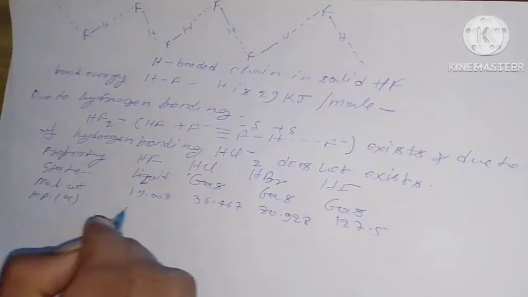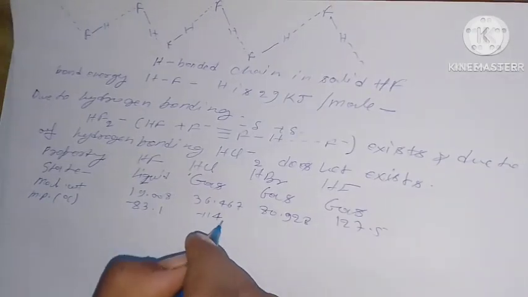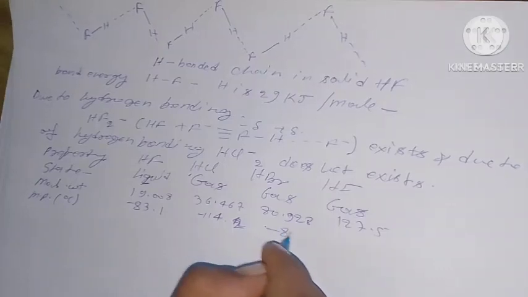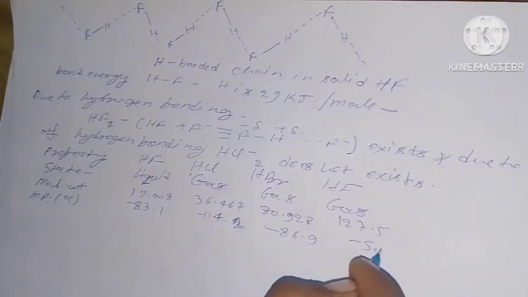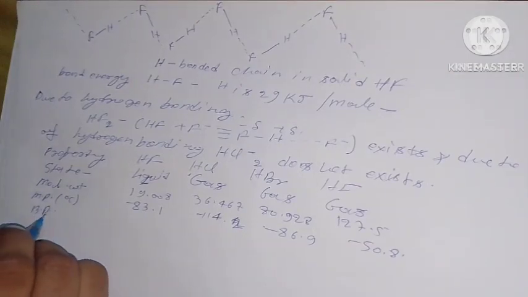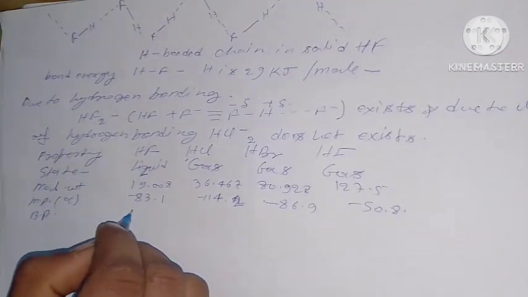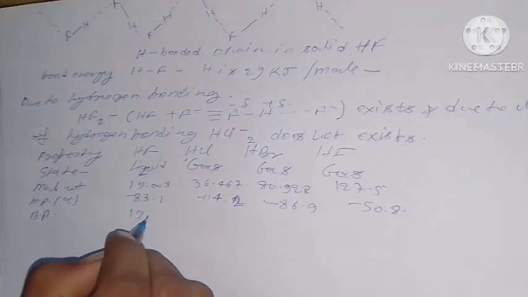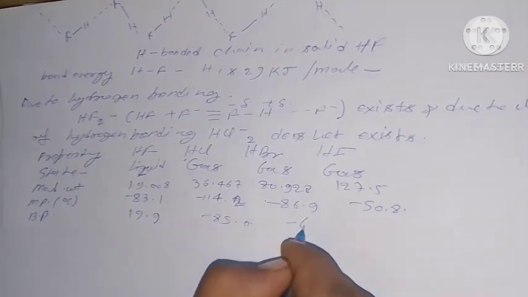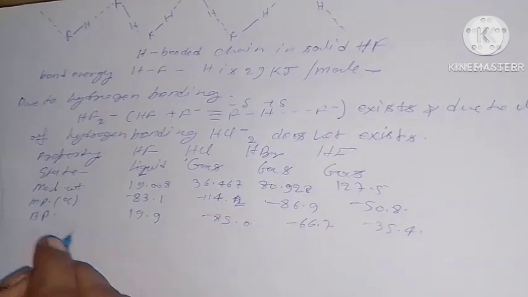Melting point in degrees Celsius: minus 83.1, minus 114.22, minus 86.9, minus 50.8. And boiling point: 19.9, minus 85.0, minus 66.7, minus 35.4.